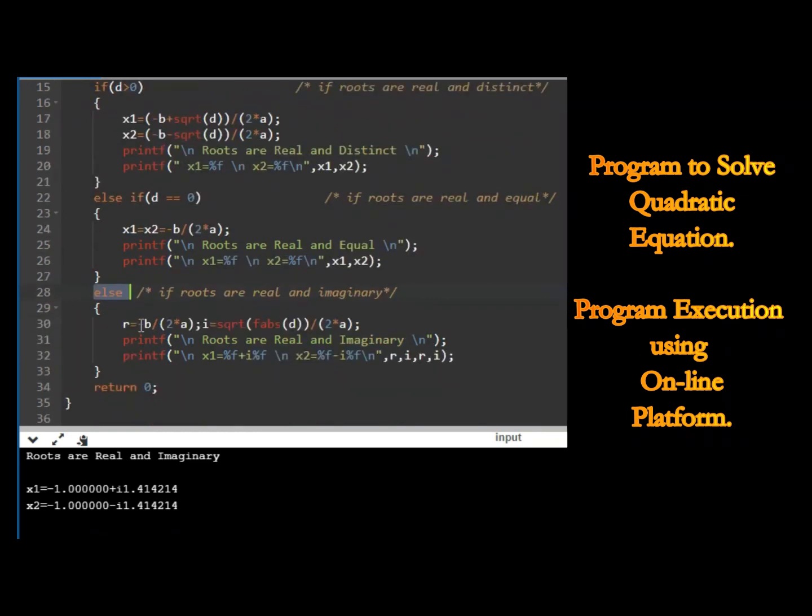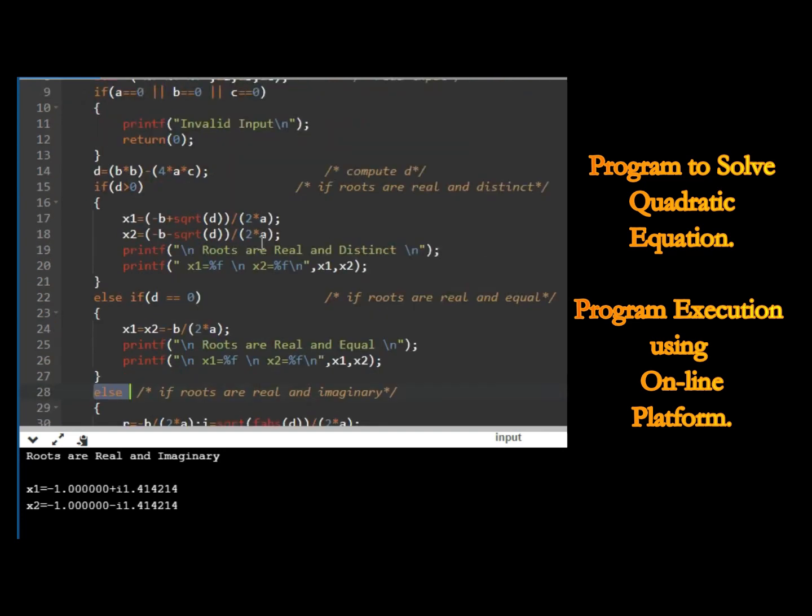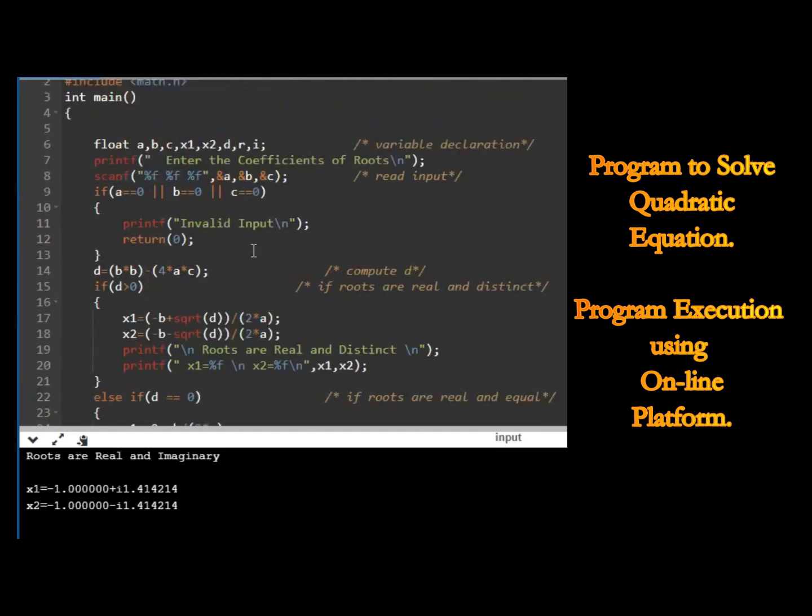In the else statement, it will calculate the real and imaginary values. The last case is the roots are complex. It contains two elements, real and imaginary part, so it will display the real and imaginary part. Okay, this is solving the quadratic equation problem.